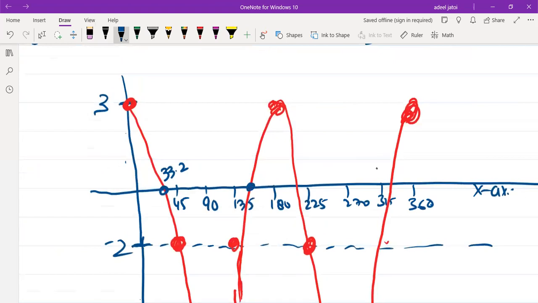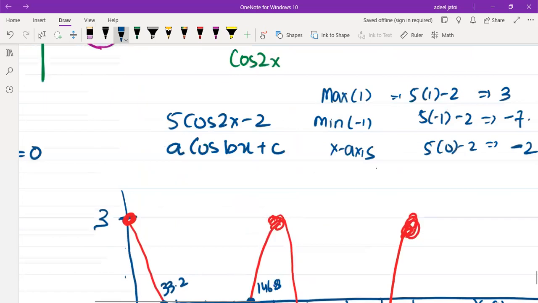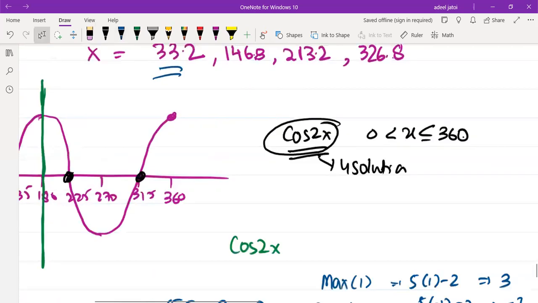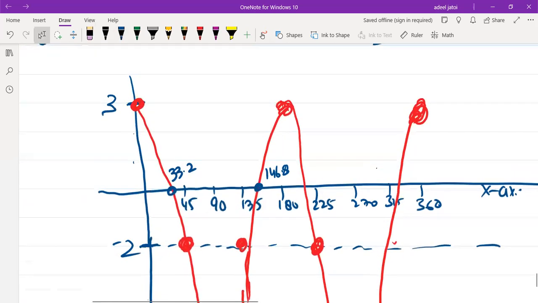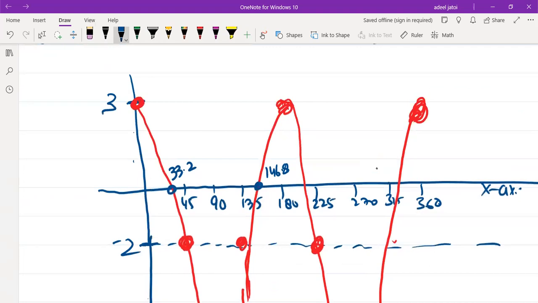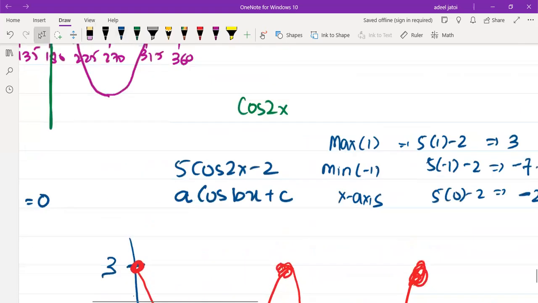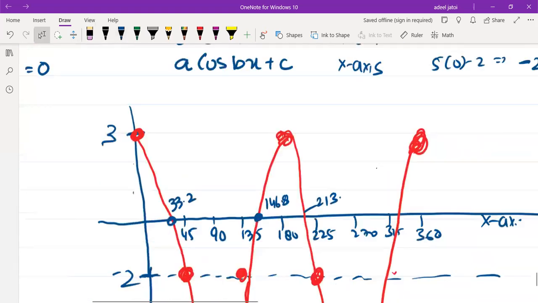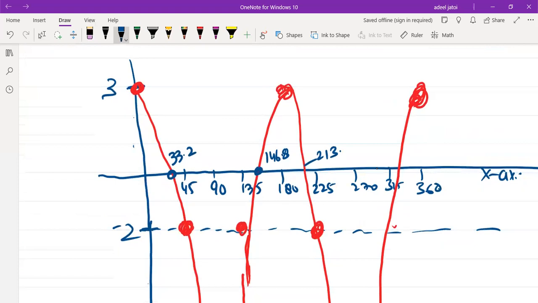Is this after 135? This is after. The third answer would be 213. Obviously, it is after 180. So this is 213. And the last answer is 326, after 315, if you look. So this is 326.